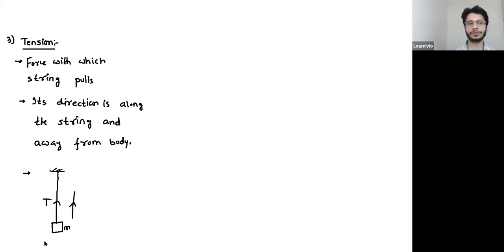If instead of this string, I take another body of mass m, I connected this body through a string and I'm pulling this string in right hand side direction. So again, this string will exert a force over the mass, tension, which is acting in rightwards direction.